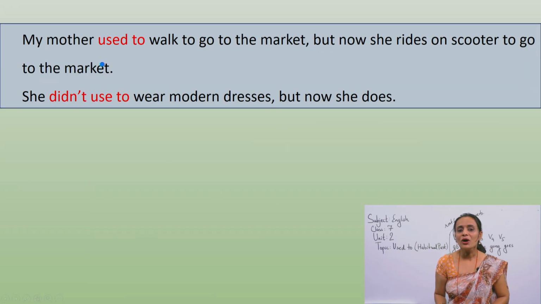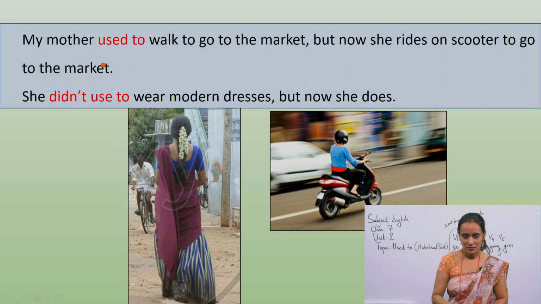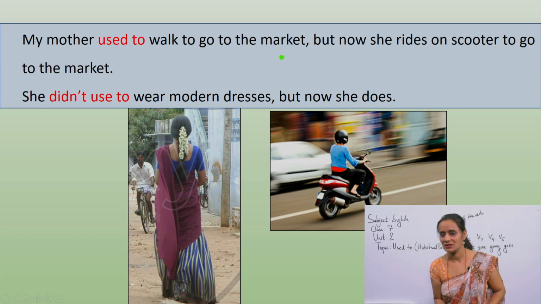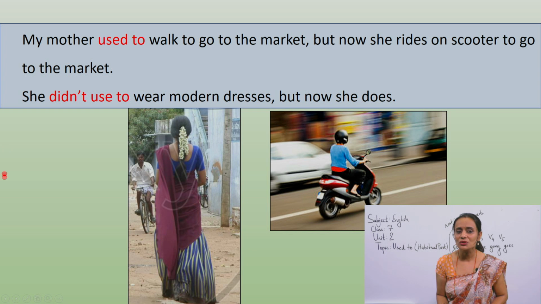Now another one: my mother used to walk. Look here. My mother used to walk to the market. You can see it here. She is walking. My mother used to walk to the market, but now she rides a scooter to go to the market. You can see her riding the scooter. Can you see two pictures? Yes. It was her past habit and it is her present habit.